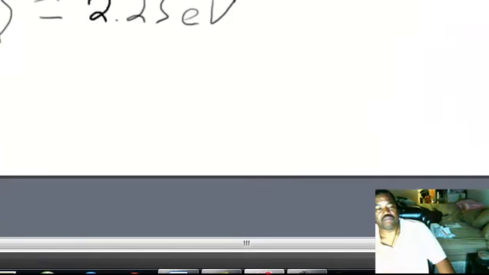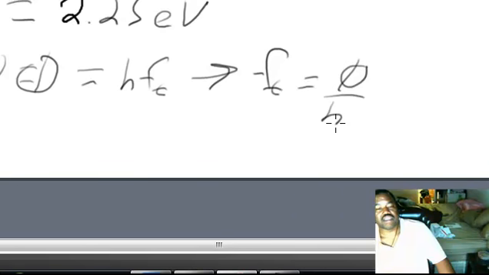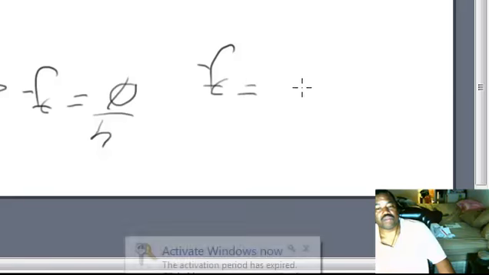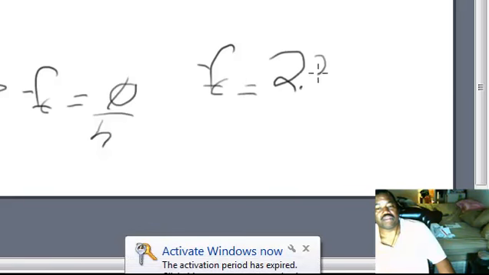Still not quite finished, because now we've got to go back and find the threshold frequency. The work function phi is equal to h f_T, which implies that f_T is equal to phi over h. So now f_T is equal to 2.25.